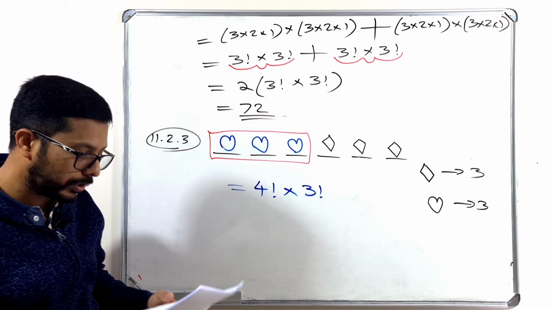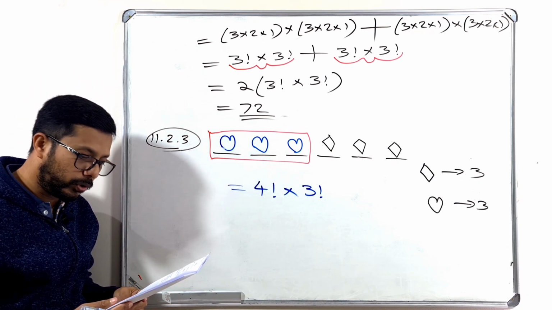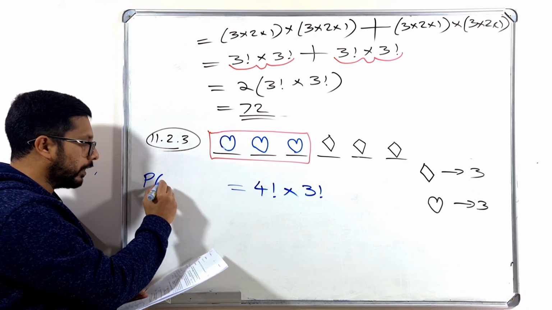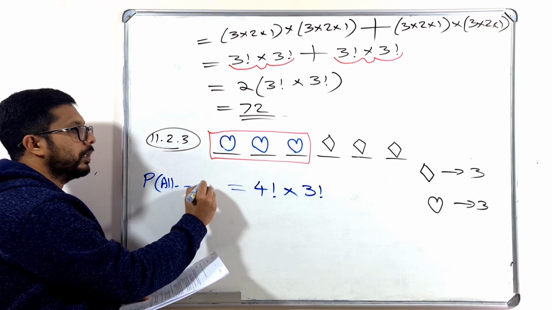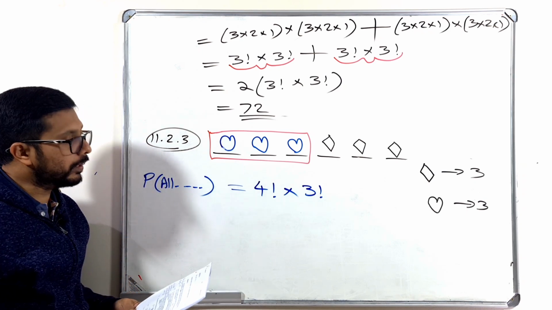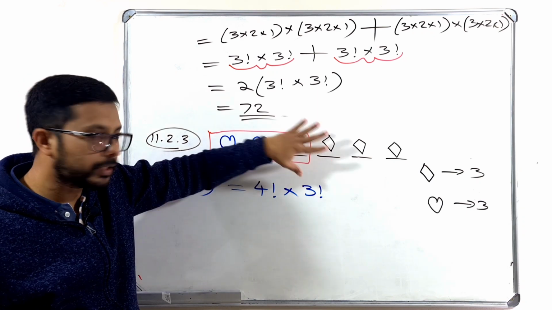But here the question is, what is the probability of all hearts? So you have to write the probability that all hearts will be next to one another is, then this is the number of possibilities in this case.